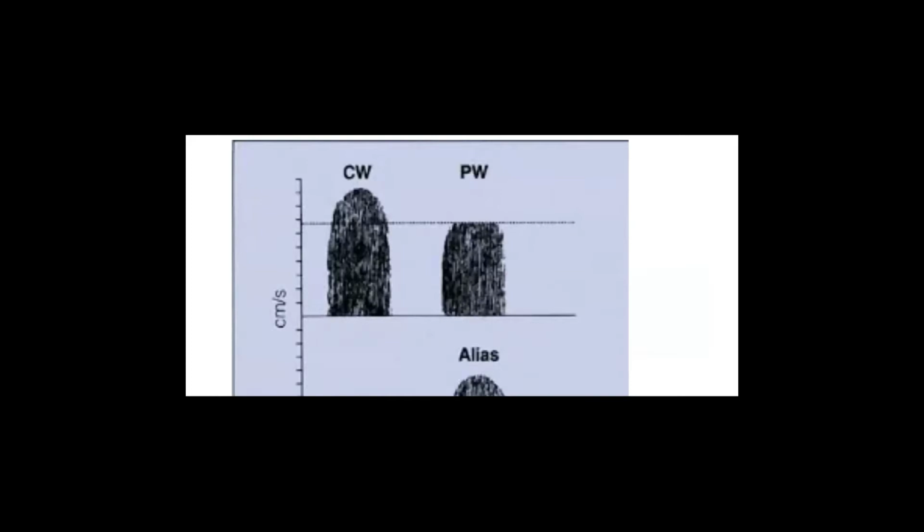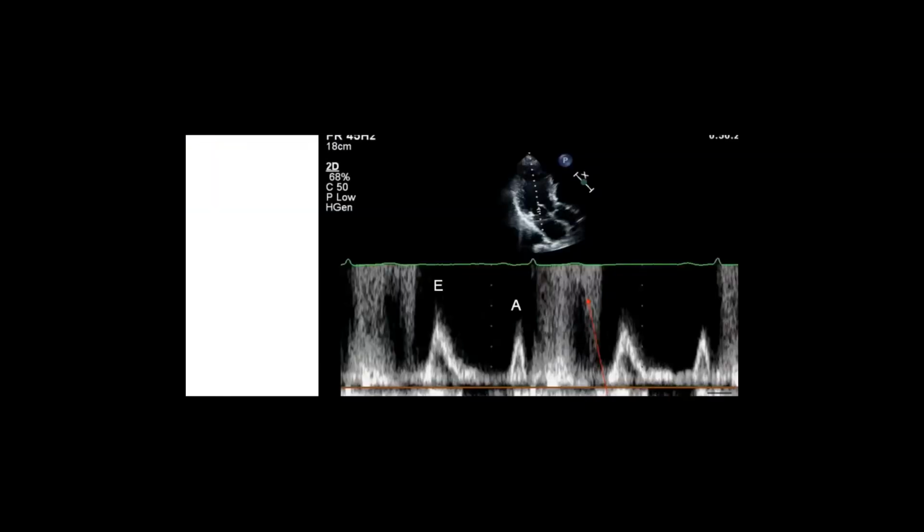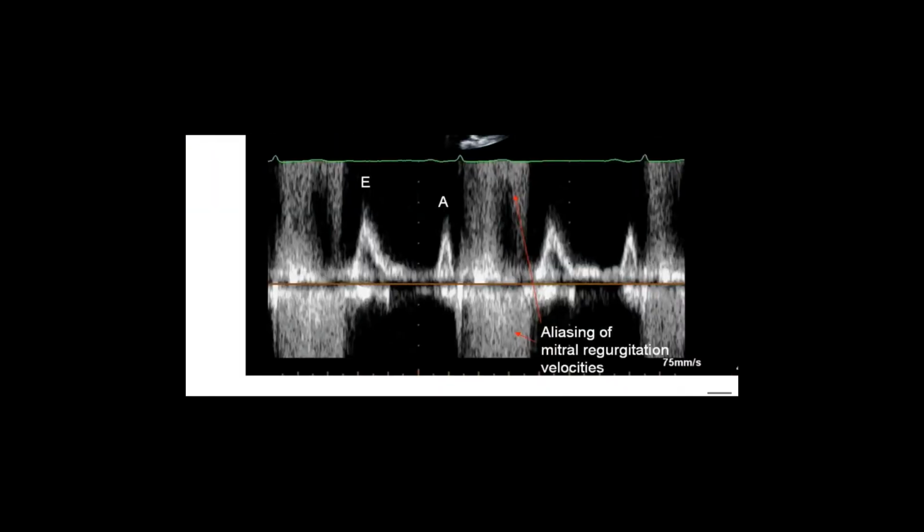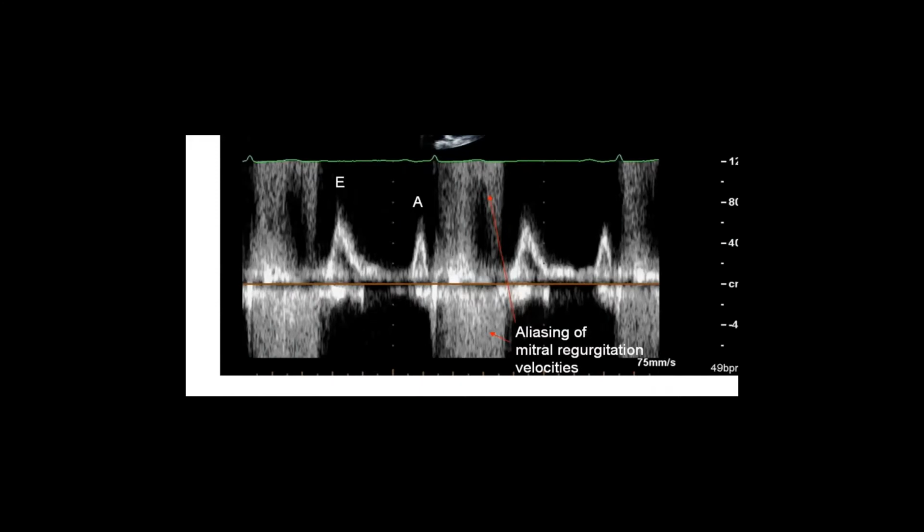Okay. And here it is. Where is the aliasing? The aliasing here happened to the mitral regurgitation. The signal of mitral regurgitation is this one. You see it? This signal, one here and one down.